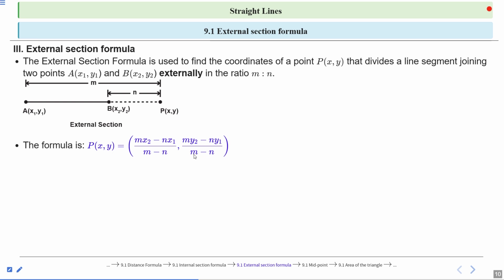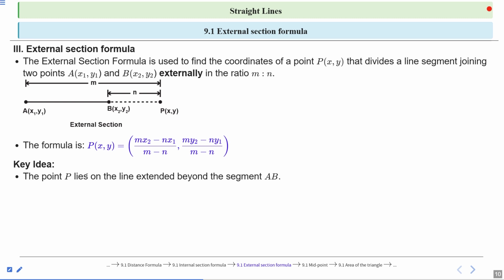Okay, so you should keep this formula in your mind. When a line segment is divided by a point externally in the ratio m is to n, in that case the formula is this. Okay, so this formula is for external section.